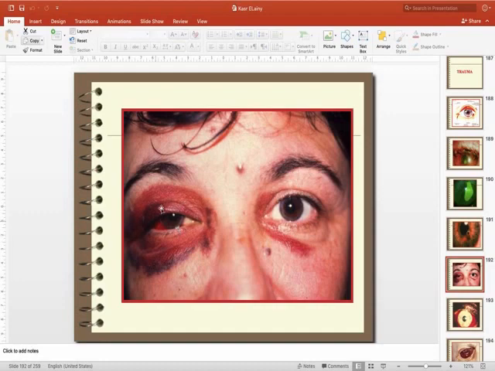Because this is a superficial hemorrhage, but there might be some deep hemorrhages. There might be periorbital or retrobulbar hematoma. There might be fracture in the orbit, which might necessitate surgical intervention.